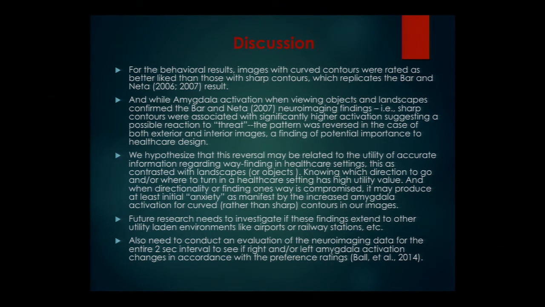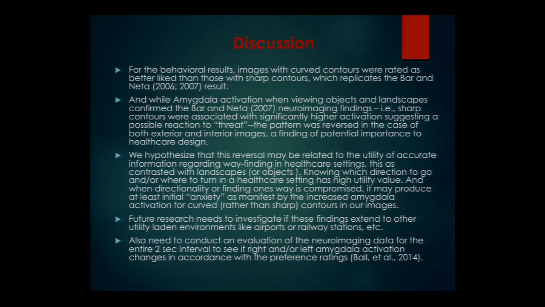And so what happens in the healthcare context is that finding one's way, like to the laboratory or back to my room, you need certain directionality. You need to have unambiguous directionality or wayfinding information because it has such high utility value. And if you don't provide that, there's an initial anxiety about this particular built environment.